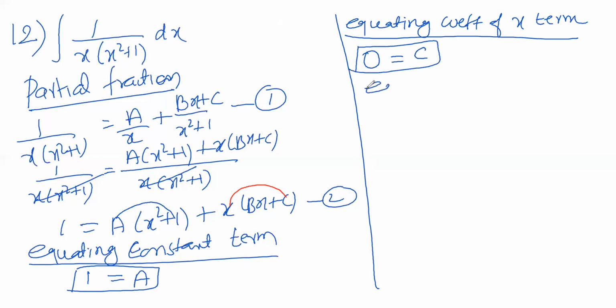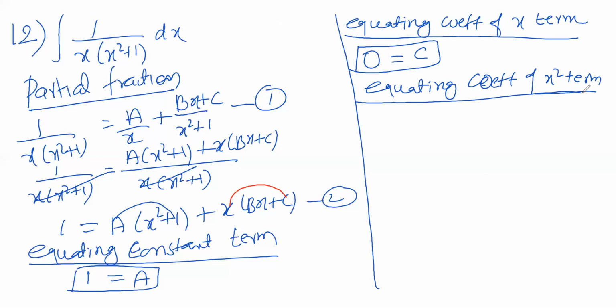Next, we are equating the coefficient of the x squared term. On the left hand side there is no x squared term, so 0. On the right hand side, the x squared terms are a into x squared and b into x squared.